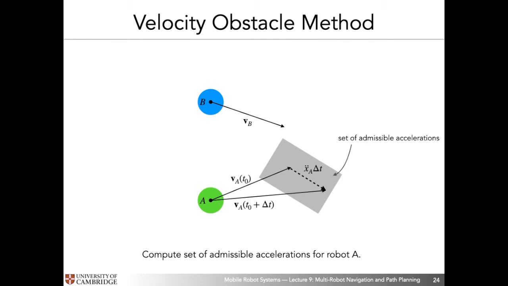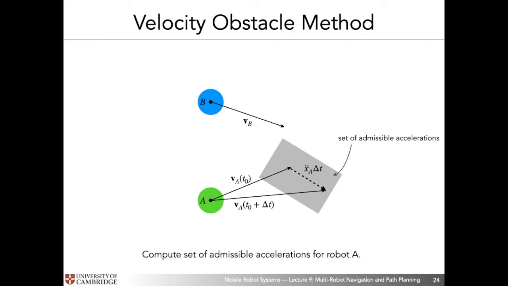So assume we have a motion model for robot A. Then the premise here is that we can compute a set of admissible accelerations for robot A. And the key idea that we're going to exploit now is to search over all feasible motions for robot A. And we're going to apply any one of these feasible accelerations given the motion model for A, for a given duration delta t, such that we basically get this abstraction here.